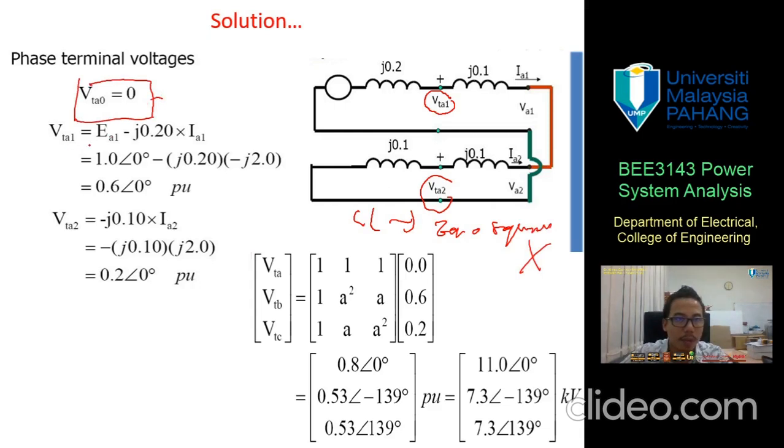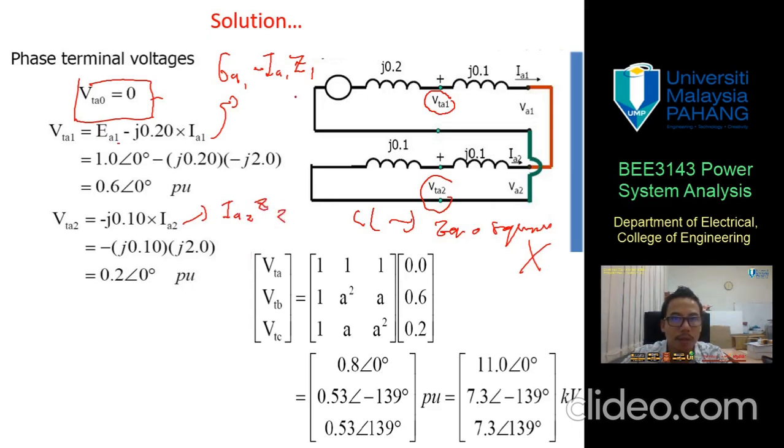Then VTA1, where do you get this? You need to remember, very easy. This is IA1 and the Z1. For this case it is IA2 Z1.